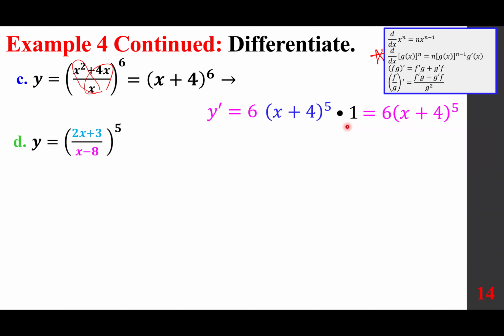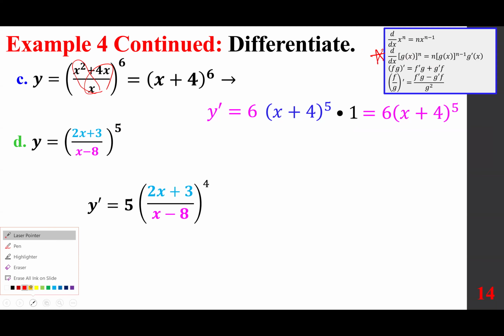However, in this case, we must use the extended power rule in conjunction with the quotient rule. Therefore, n, which is 5, g of x, which is this function, to the power of 4. And now we're going to differentiate this using the quotient rule, and I'm going to call this f over g.